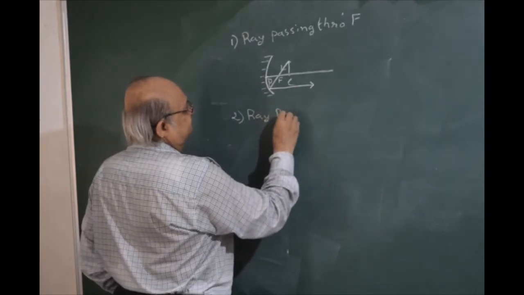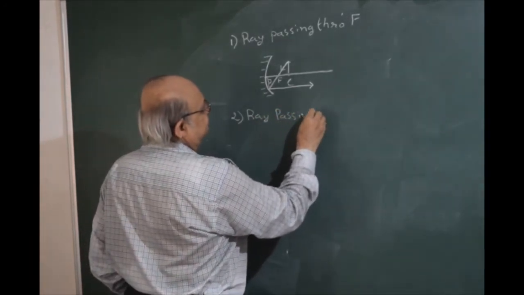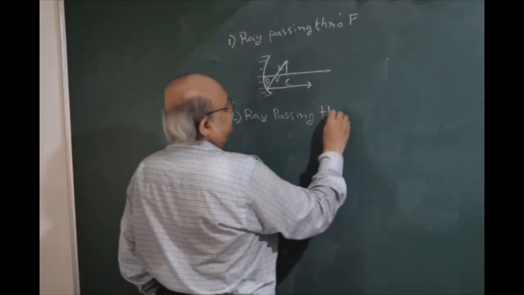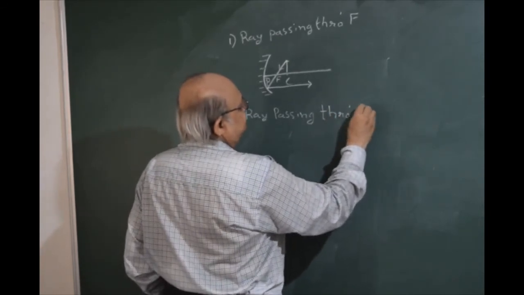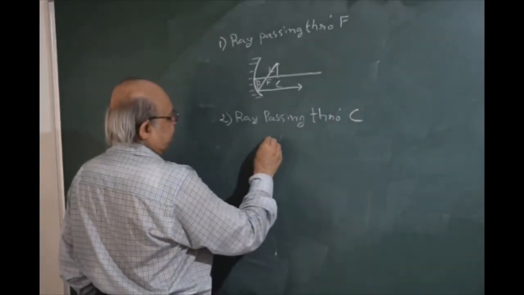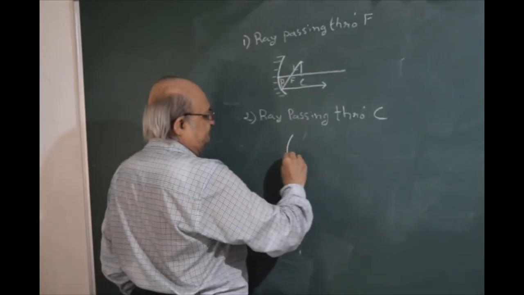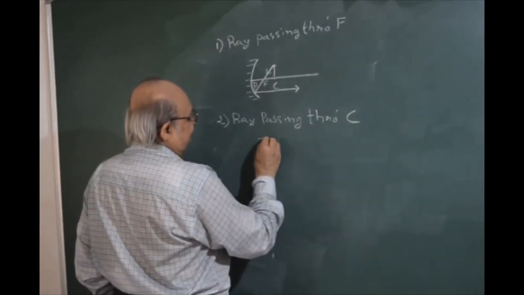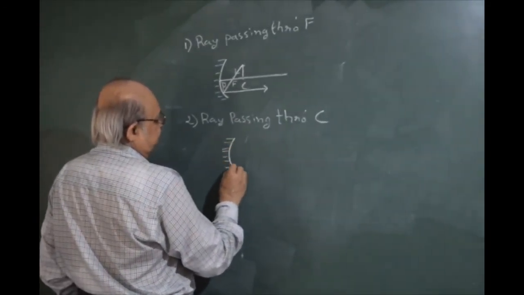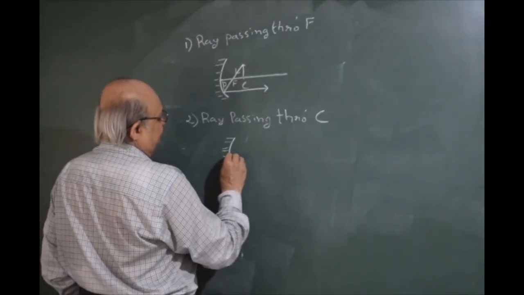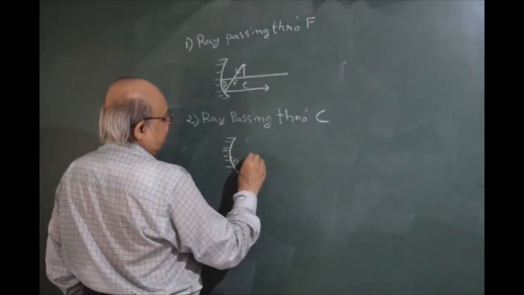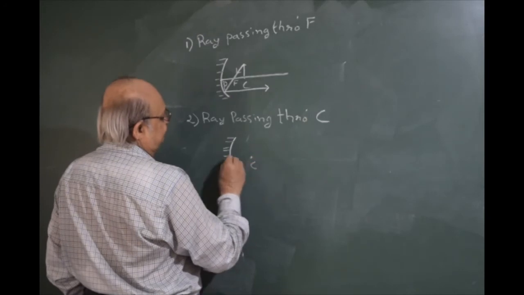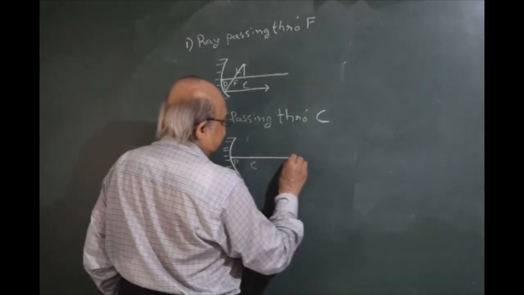Option number two, ray passing through the center of curvature. We have the mirror, never forget to polish it. We have the pole somewhere here, the center of curvature somewhere here, the principal axis.